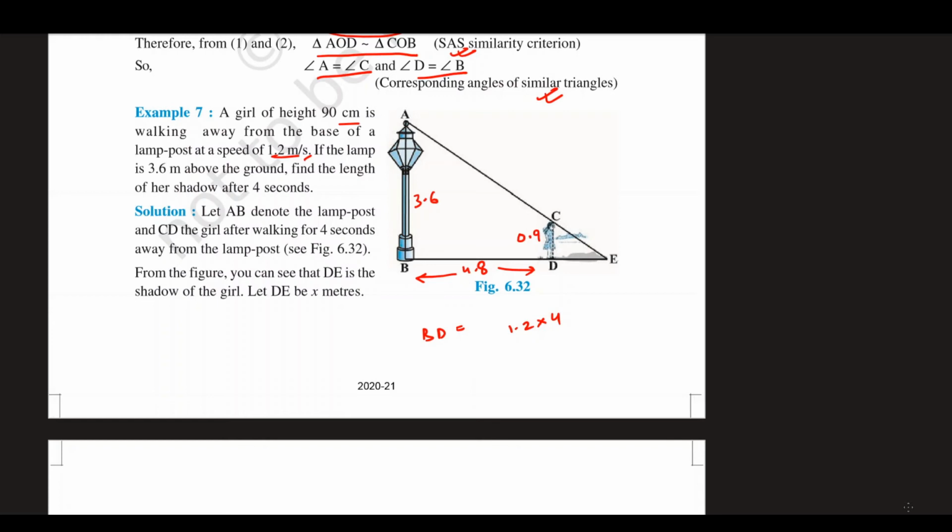And consider this angle. Okay, so if these are all 90 degrees, we are assuming that these are perpendicular to the ground, then triangle CDE is similar to triangle ABE. Okay, let us see.